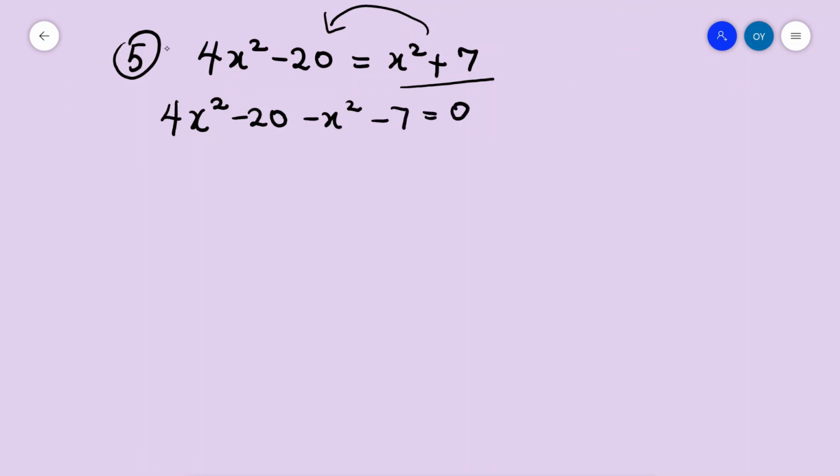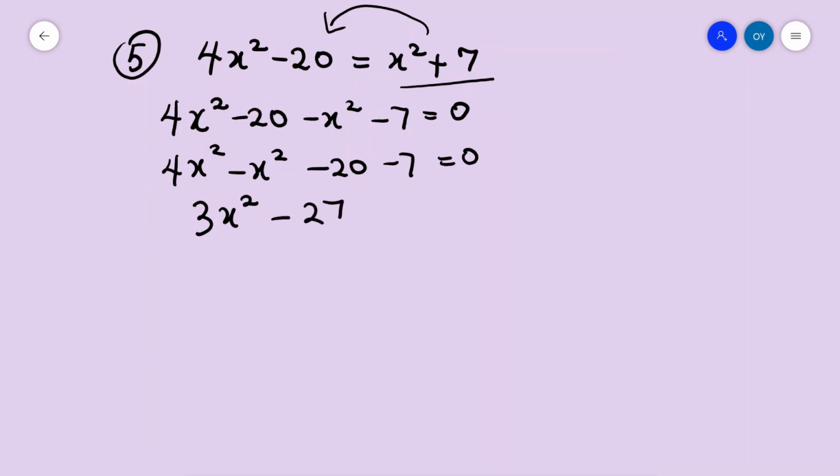Then we collect like terms. 4x squared minus x squared minus 20 minus 7 equals 0. 3x squared, then negative 20 negative 7 is negative 27 equal 0. Here we can actually bring this back to the other side of the equation. So we have 3x squared equal 27.